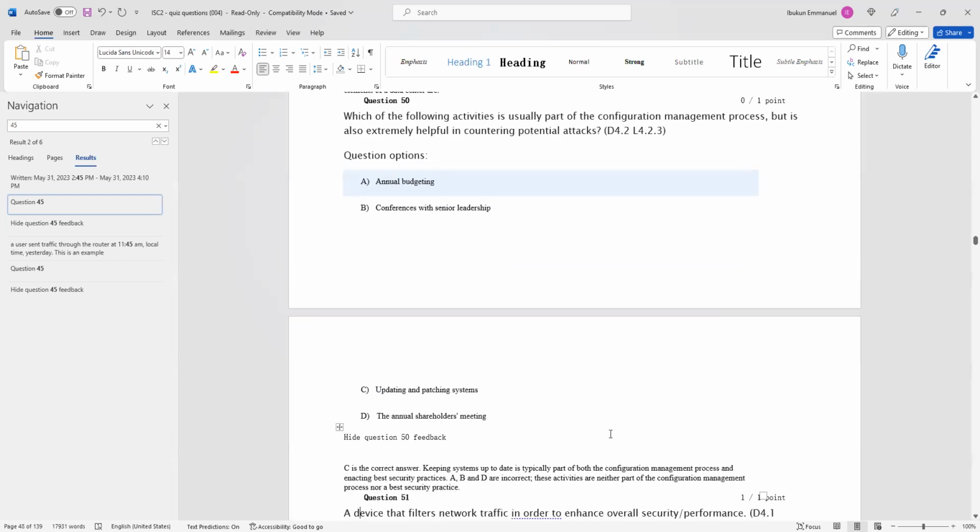Which of the following activities is usually part of the configuration management process, but is also extremely helpful in countering potential attacks? So how can annual budgeting help to counter potential attacks?